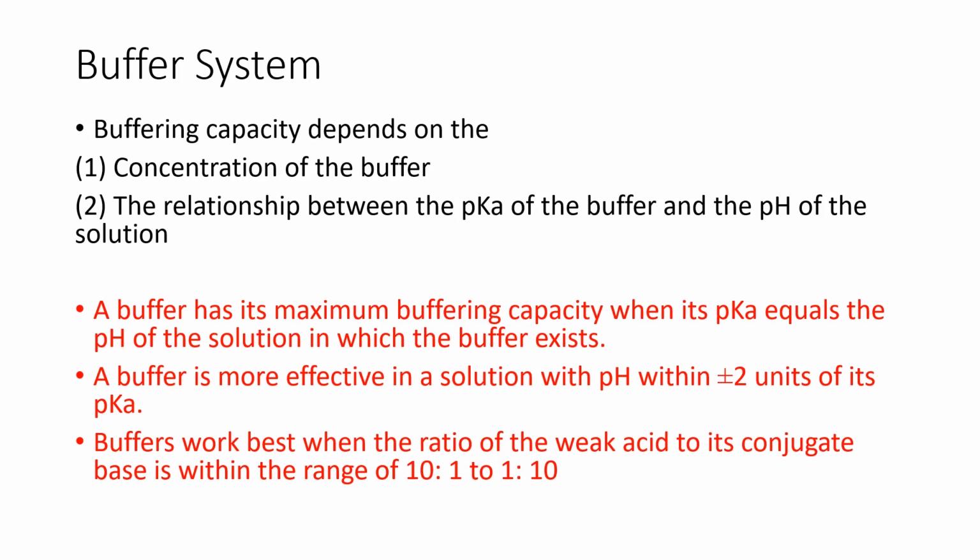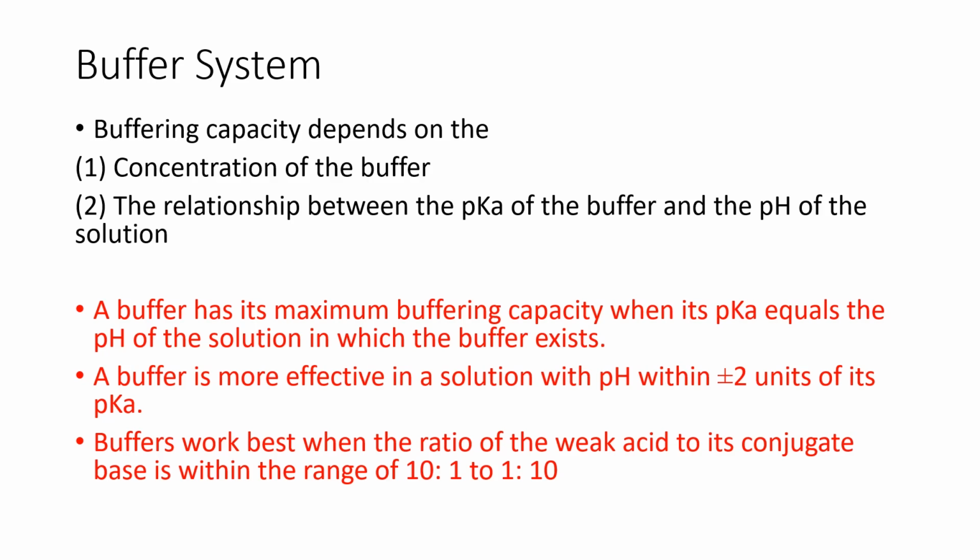It does not necessarily mean that other buffer systems will not work or will not suffice. It only means that buffer systems that have their pKa within plus or minus 2 units of the pH of blood are usually going to be more effective than those other buffer systems.